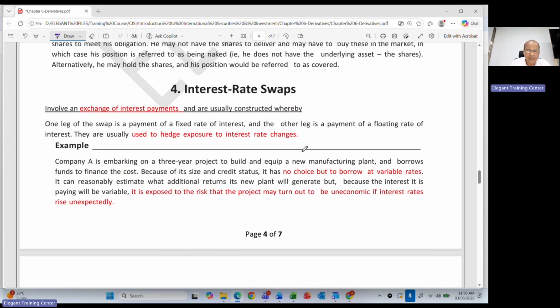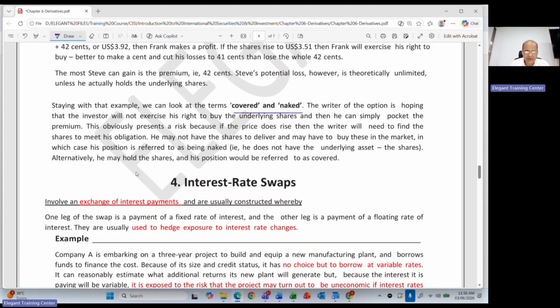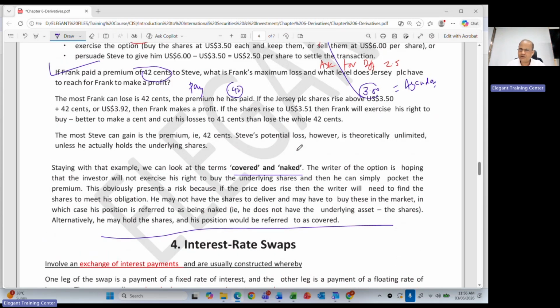Interest rate swap. I think this topic we can take in the next class. Let's not burden you with derivatives. We discussed about futures and options. So let us recapitulate. Futures and options are the derivatives. Under futures, the buyer is always having obligations, and there is a margin money to be paid.